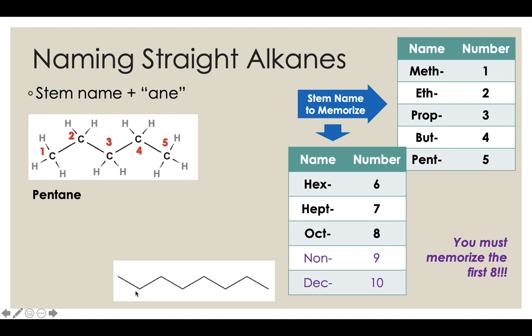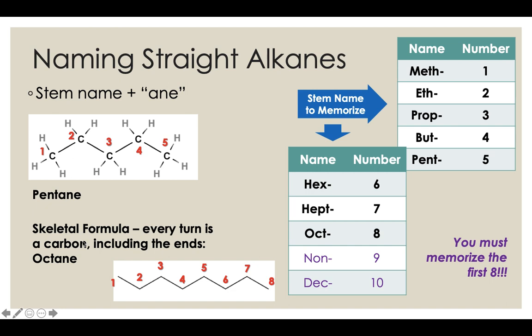In skeletal formulas, every turn is a carbon atom, in this case, all saturated carbon atoms, including both ends. So here we're looking at 1, 2, 3, 4, 5, 6, 7, 8 carbons, and therefore it is an octane. So in a skeletal formula, every turn is a carbon, including the ends of the chain.